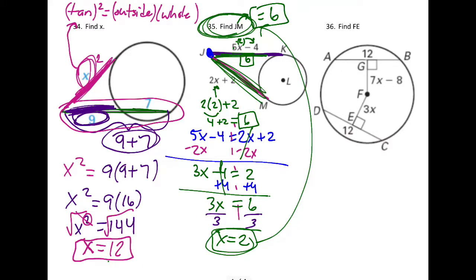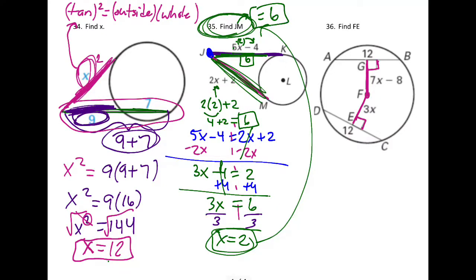All right, so number 36, which is our last one. We've done very few problems like this, but anytime it's showing you the distance from the center to a chord or a secant or something like that, it's showing you that this distance and this distance are the same. So anytime that you have this as a right angle, it's showing you that that is like the distance to the chord.